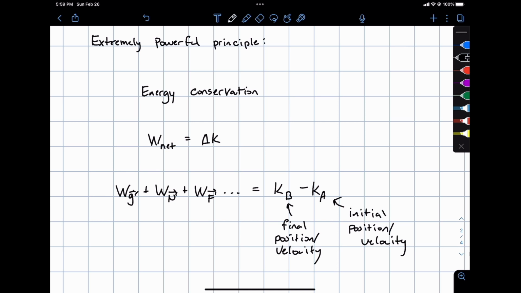Okay, so the question is, when do we use this extremely powerful principle, energy conservation?